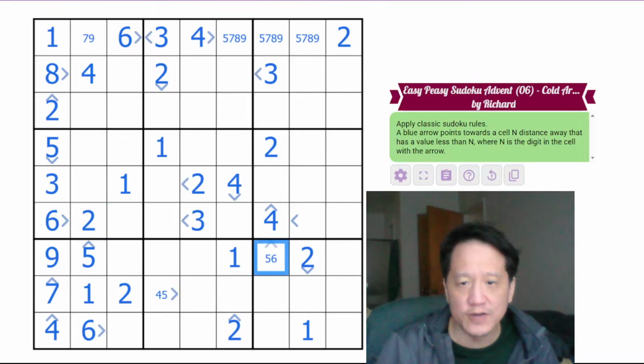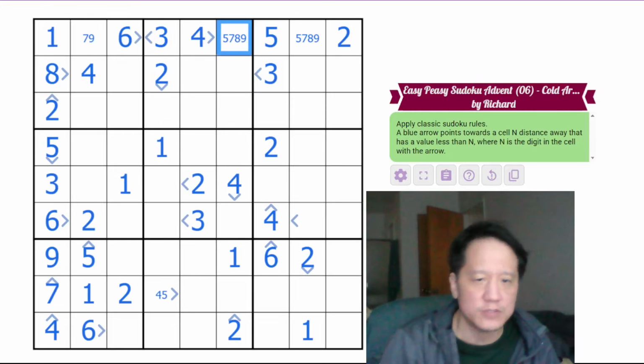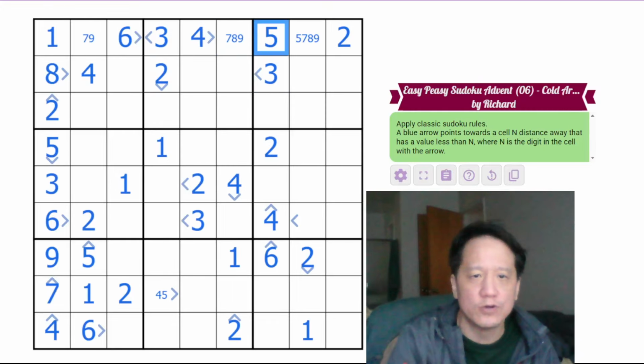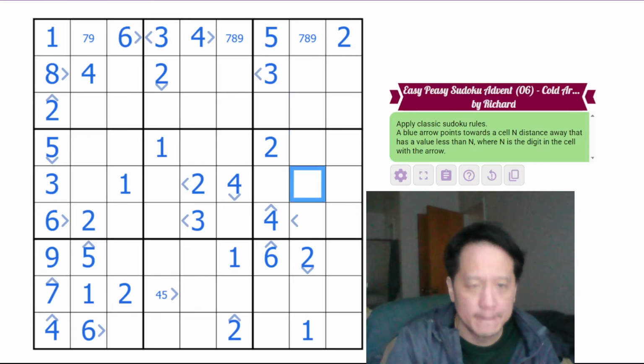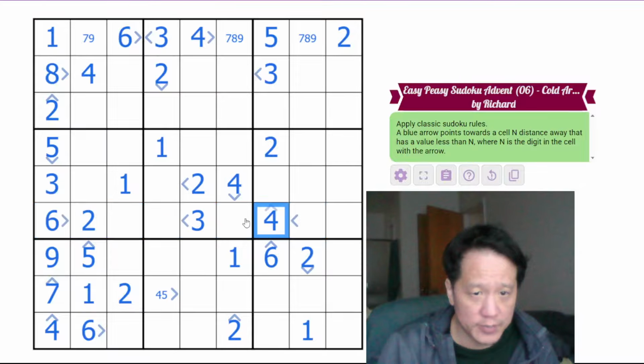5 eliminates 5 here, so this is 6. 6 away must be smaller than it. 1, 2, 3, 4, 5, 6. So this has to be 5, which eliminates 5 in the rest of the row. This digit must be smaller than it. Cannot be 2, 3, 4.